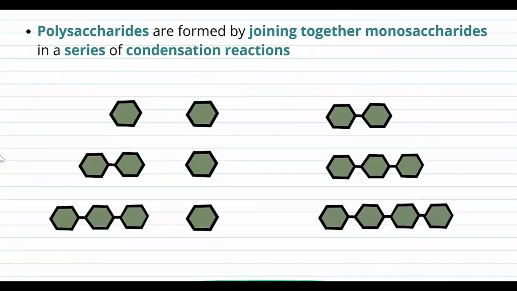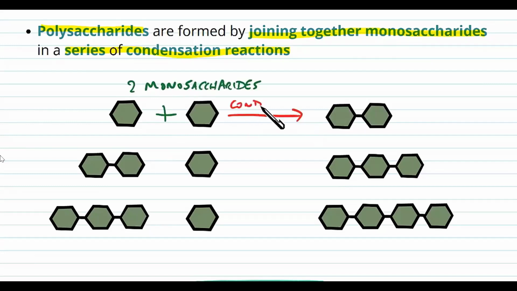So in order to create these polysaccharides, we form them by joining together monosaccharides in a series of condensation reactions. So remember, condensation reactions are what join monomers together to form polymers. So each time a monosaccharide is added to another monosaccharide, or a growing chain, there's going to be a condensation reaction. So we might start off first with 2 monosaccharides, and as they come together and are joined by a condensation reaction, we end up with 2 monosaccharides joined together into one unit called a disaccharide.